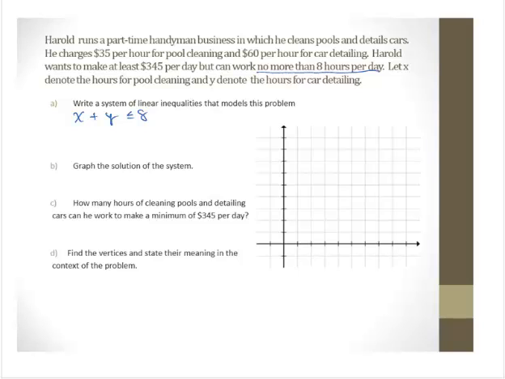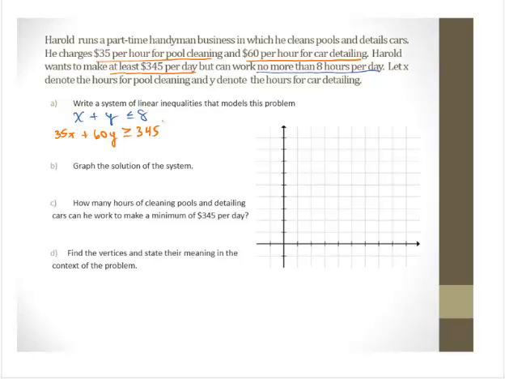He charges $35 per hour for pool cleaning, $60 per hour for car detailing, and wants to make at least $345 per day. So then 35x plus 60y, he wants to make at least $345, so greater than or equal to 345.